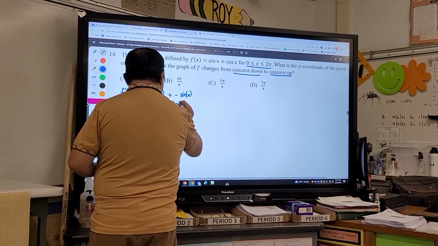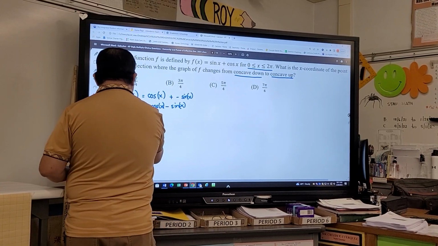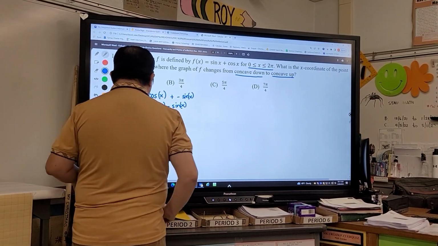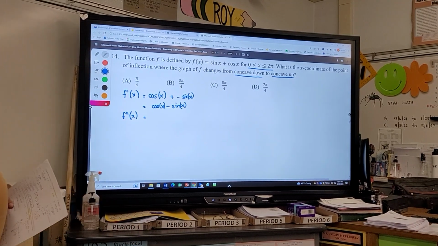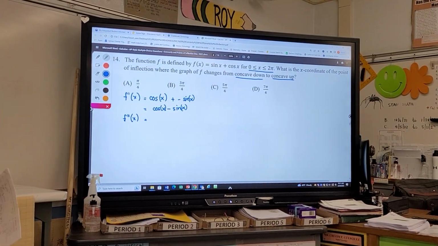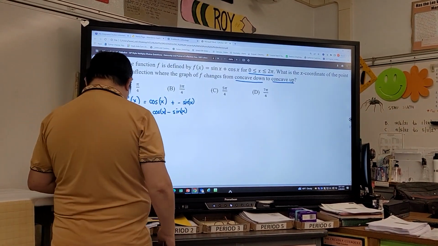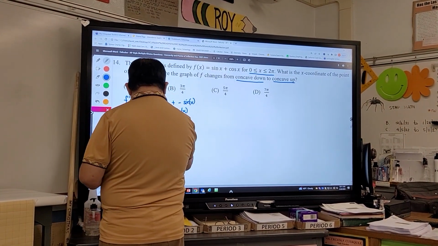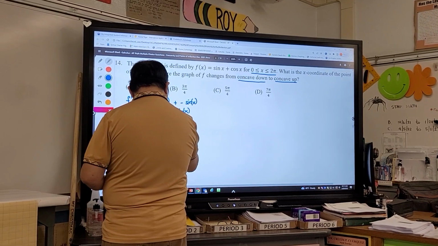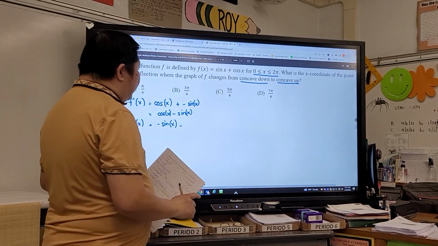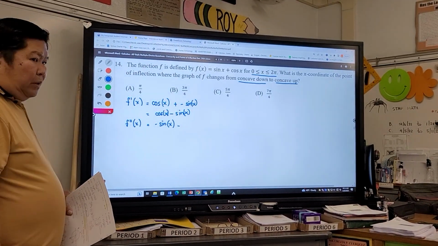Next, take the second derivative now, f double prime of x. What is the derivative of cosine? Negative sine, so negative sine x, and then minus. The derivative of sine is cosine.